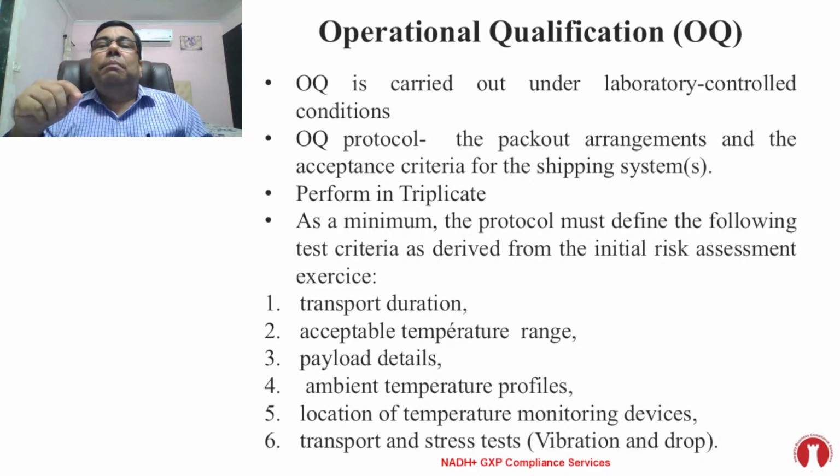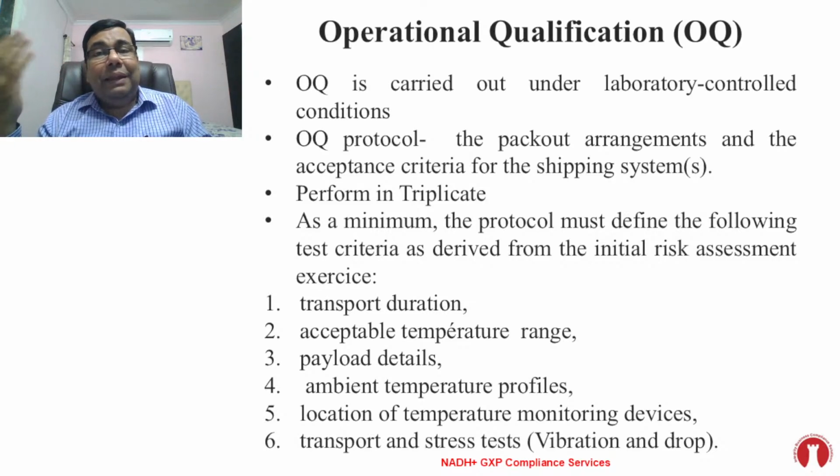So as a minimum, the protocol should define the test criteria derived from the initial risk assessment. Whatever test you perform should be based on the mitigation plan identified from the risk assessment. So what should be there?